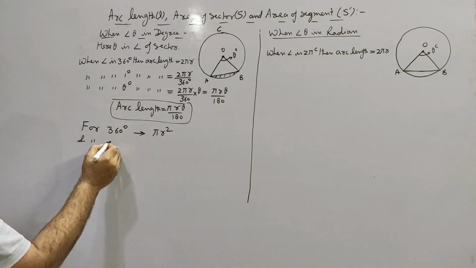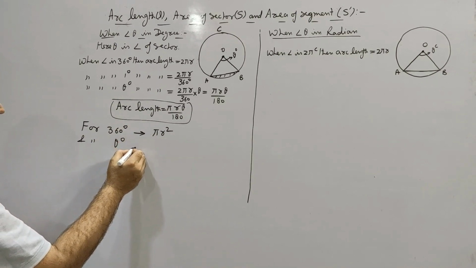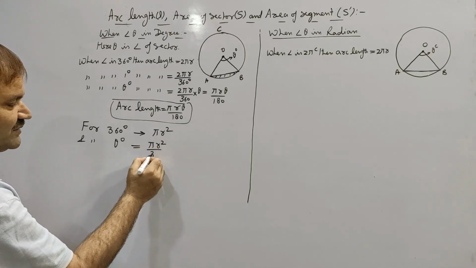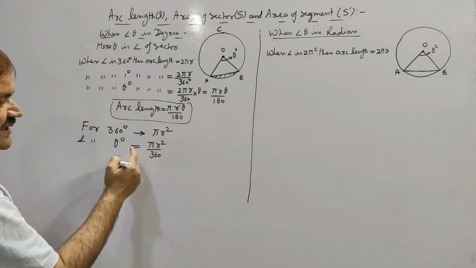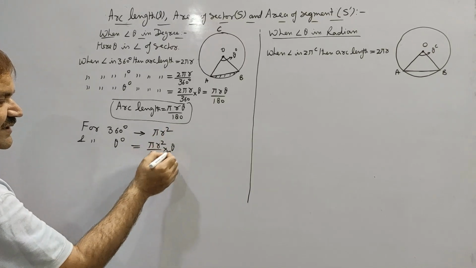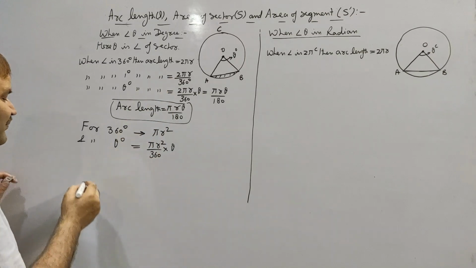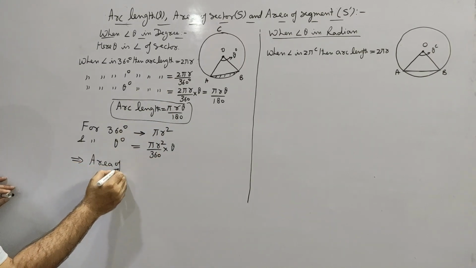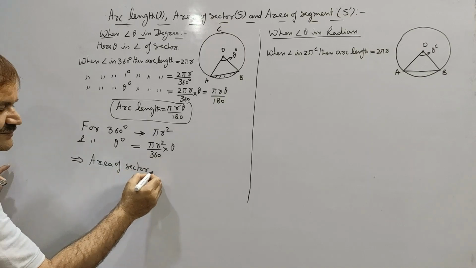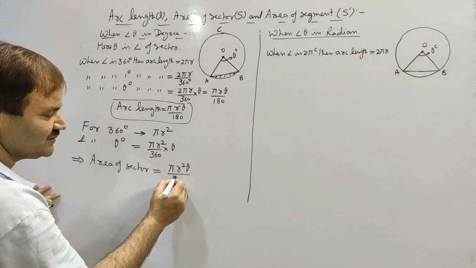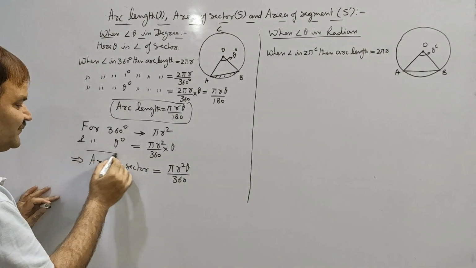Hence for theta degree the area will be pi r square upon 360 multiplied by theta. This implies area of sector is equal to pi r square theta upon 360.